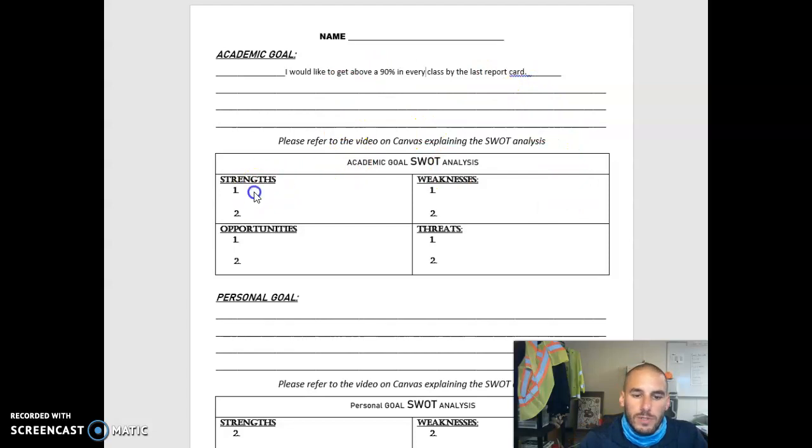So, what are some strengths? I have a strong desire to achieve my goal. That's a strength, right? Strength is something that is going to help you achieve your goal. Well, what's another strength? You are driven.